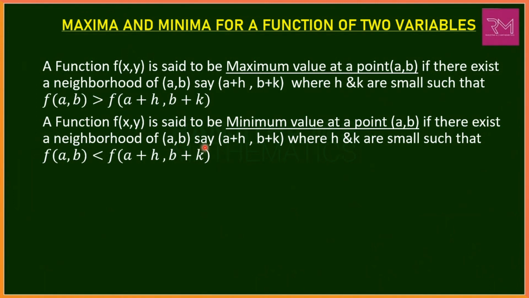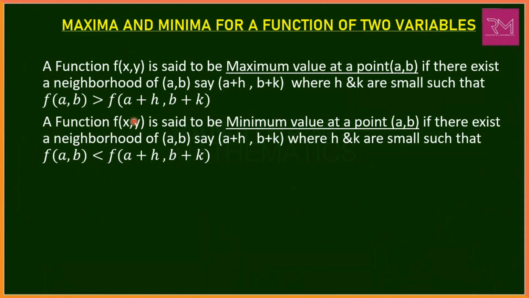Also, we consider a neighborhood for the point, say (a+h, b+k), where h and k are small quantities, such that f(a, b) is less than f(a+h, b+k). In this case, f(a+h, b+k) is greater than f(a, b). That means we can conclude that (a, b) is a minimum value for the function f(x, y).